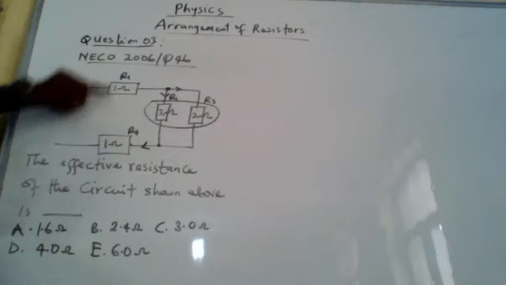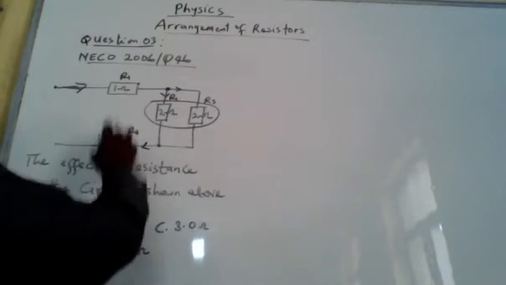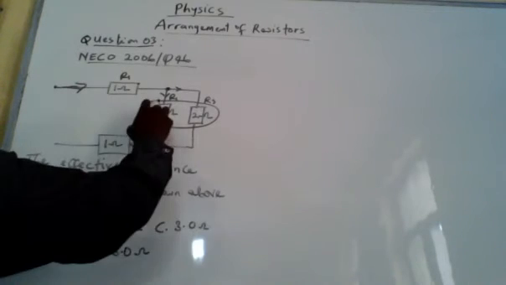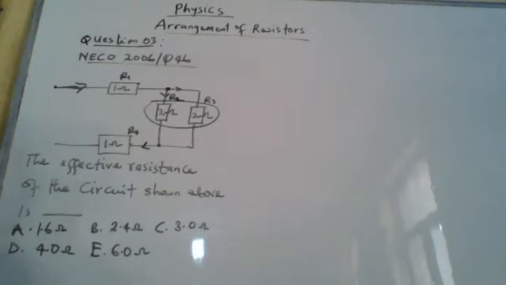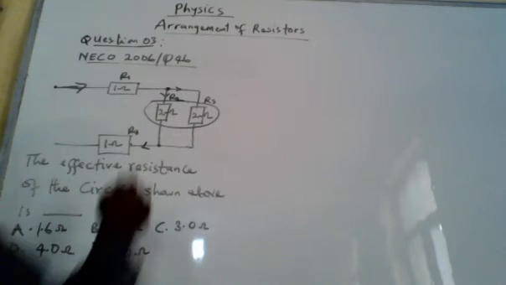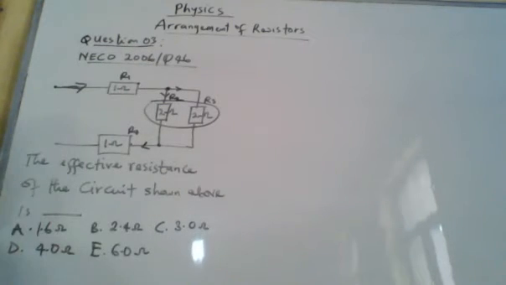So R1, R4 are in series. R2, R3 are parallel, but their combination is in series to R1 and R4.